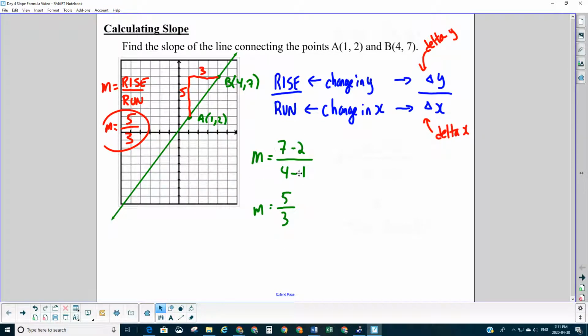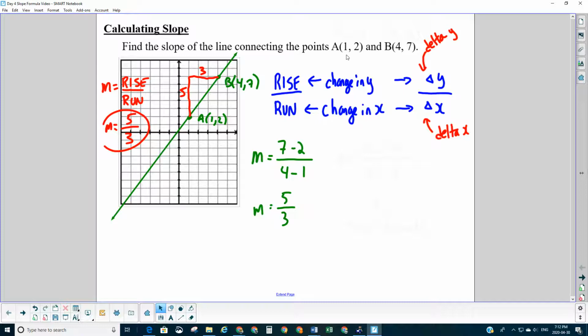But we can get these numbers right from the points. We can see the change in y and the change in x without actually visually seeing the rise and the run. We know the rise comes from the change in the y values and the run from the change in the x values. So this is where the idea of a formula can come from.